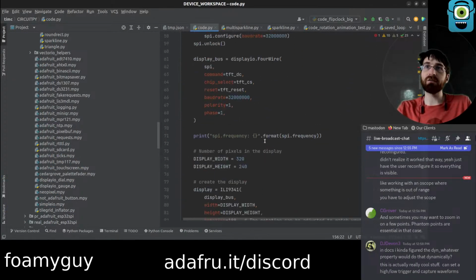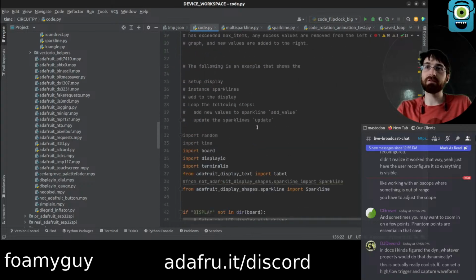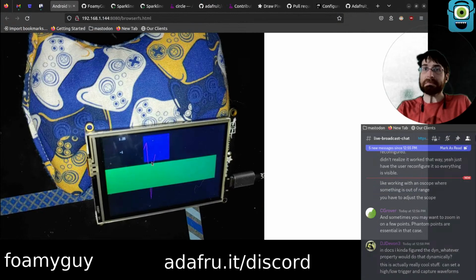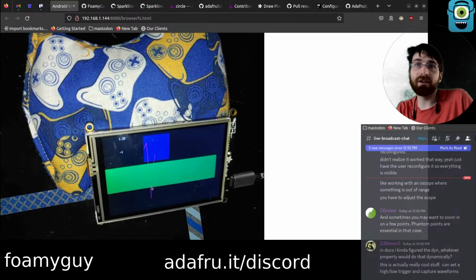Which one? Are we on released or... Ooh, yeah, we are on the released one. That might be a bug in the released library, I think. Presumably dyn should not affect whether it's allowed to go below or above like that, I think.